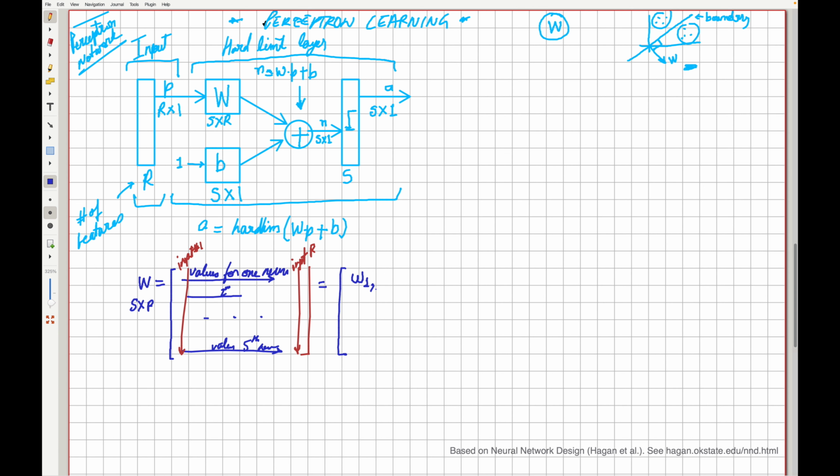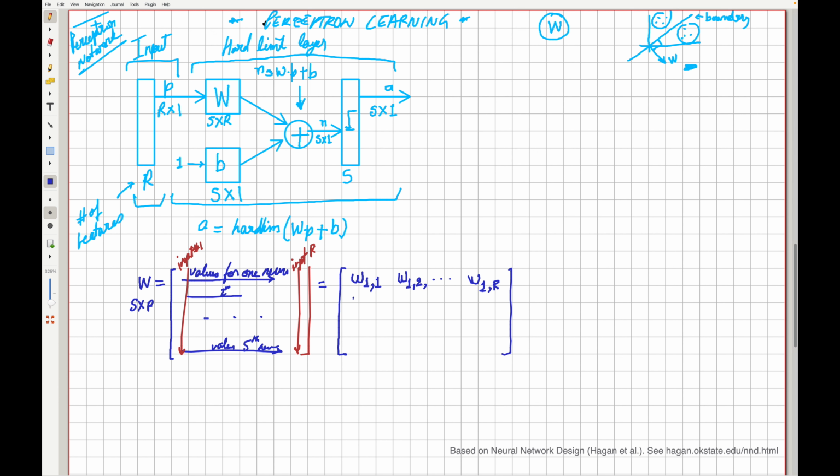The first value is going to be 1 comma 1. This is going to be input 1 going to neuron 1. Then we have the second input 2 going to neuron 1, and likewise input 3 going to neuron 1, and finally input R that goes to neuron 1.